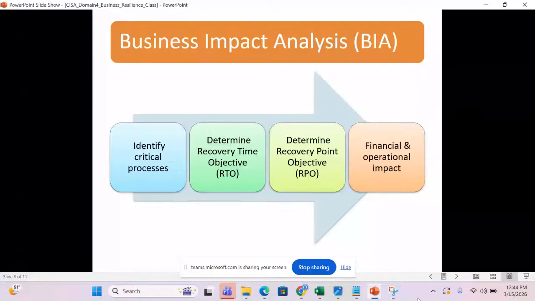But what is important for you as a business is, have you evaluated your business according to these different areas highlighted under the BIA, and ensured that it does not impact your financials, and does not stress out your operations as well.